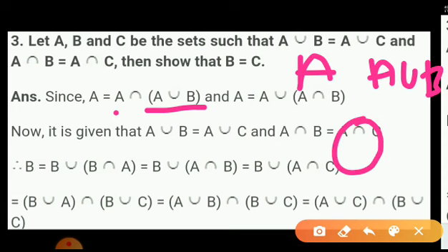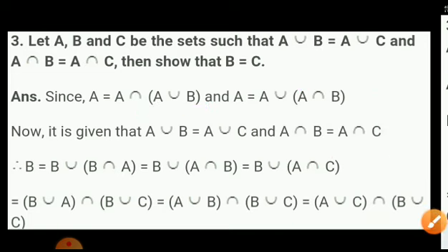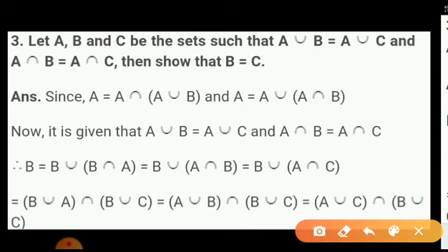This is my A, this is my A union B. Which is the smaller? A is the smaller. A is always a subset of A union B. So can I write A equal to A intersection (A union B)?